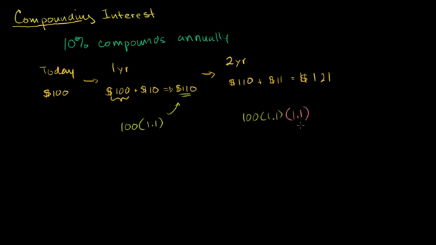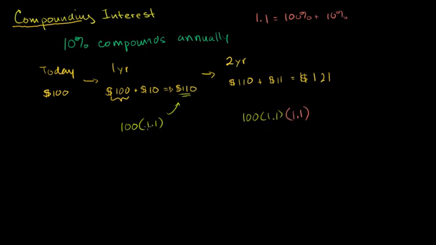And remember, where does the 1.1 come from? 1.1 is the same thing as 100% plus another 10%. We have 100% of our original deposit plus another 10%. So we're multiplying by 1.1. Here we're doing that twice. We multiply by 1.1 twice.